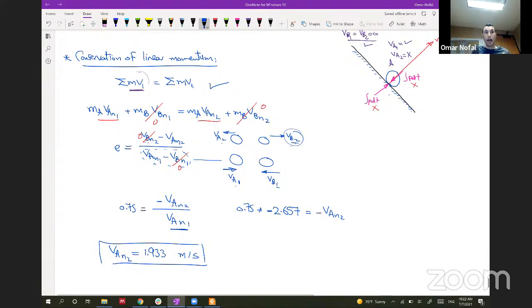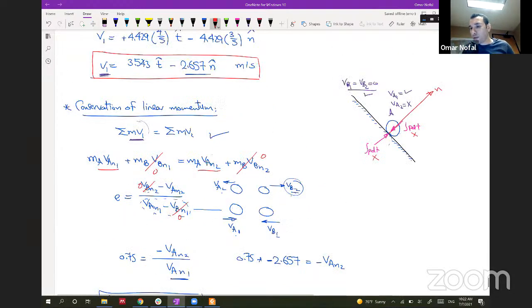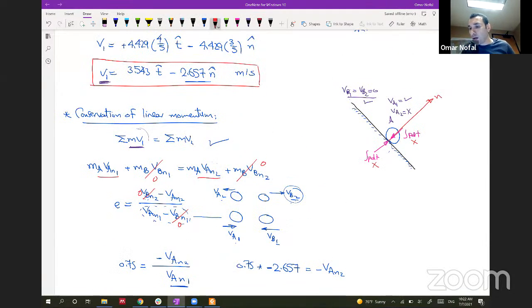So let's get the other component. Actually, we need the tangent equation. So let's have our body like this, and these are the axes that have the normal components.